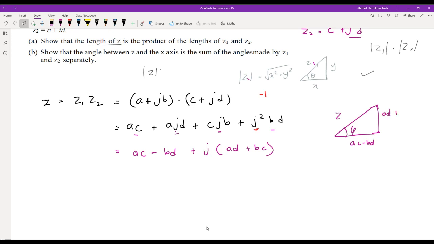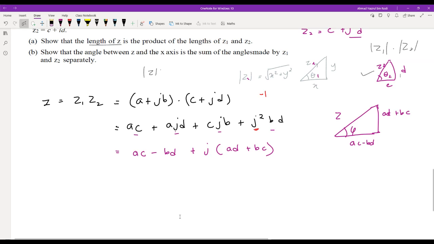Because this one is Z1, and then we have another vector Z2, theta 2, this one theta 1, equal to C and D. So the resultant, we get the value Z here, and Z is equal to AC minus BD, AD plus BC.